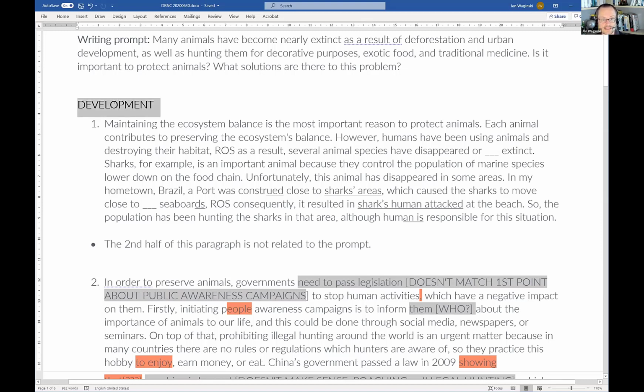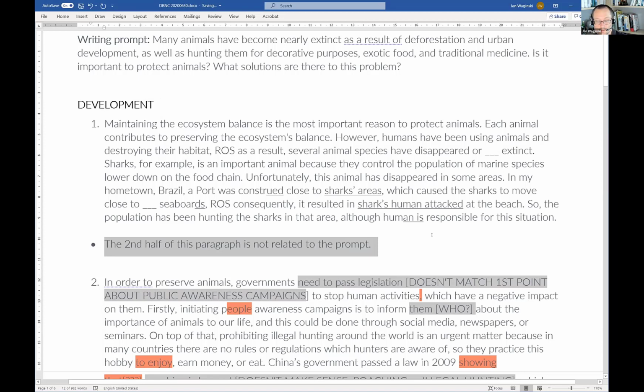So it's these kinds of development issues that are going to get you in trouble, and sometimes they are difficult to detect, especially when you're writing. And the only way to avoid this kind of problem is to start with an outline.